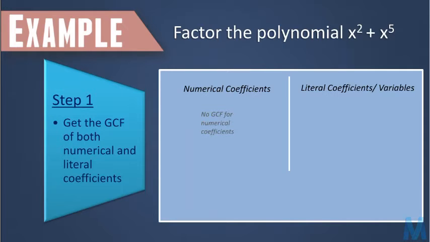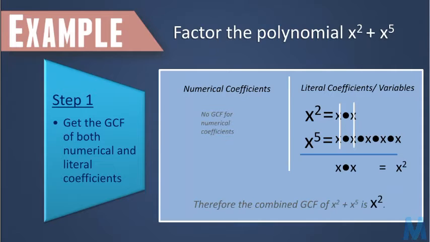Okay? So if we're going to factor x squared, that will become x times x and x to the 5th. So may 5 kita ka x nga multiply. And we're going to bring down the common factors, 2 ka x. So we have here x squared. Okay? Therefore, the combined GCF of x squared plus x to the 5th is x squared.